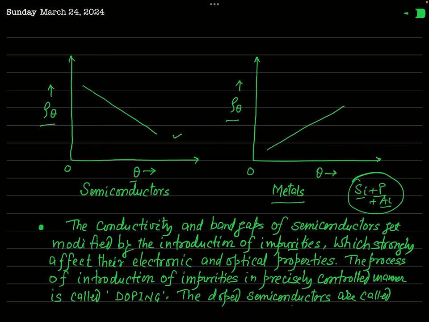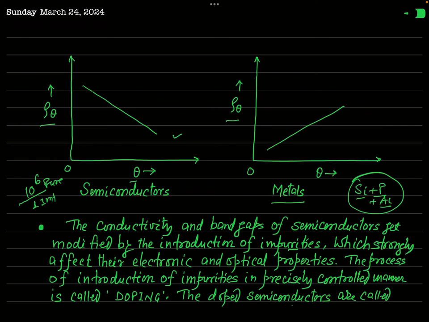In fact, it is seen that if there are almost 10 to the power 6 atoms of pure semiconductor, then on these 10 to the power 6 pure semiconductor atoms, you should dope only one atom of the impurity.